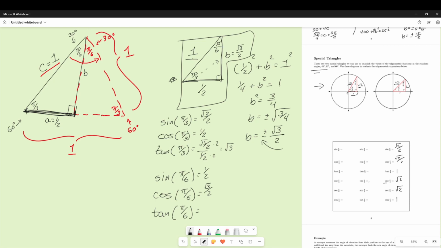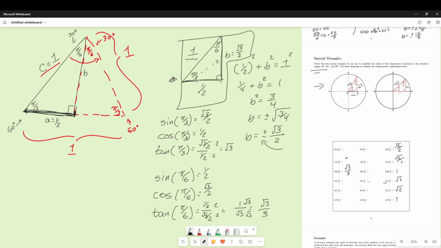And tangent is opposite over adjacent, so 1/2 over the square root of 3 over 2, which is a little bit uglier, but again, multiply by 2 to clear out that fraction, 1 over square root of 3, which you'll then rationalize, multiply by the square root of 3 top and bottom, and you'll get the square root of 3 over 3.